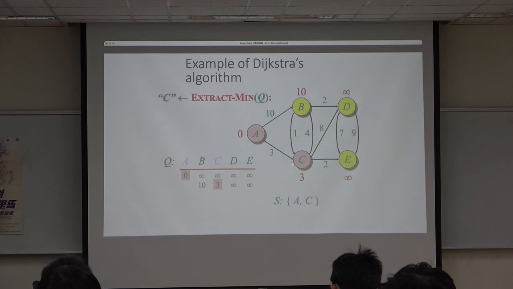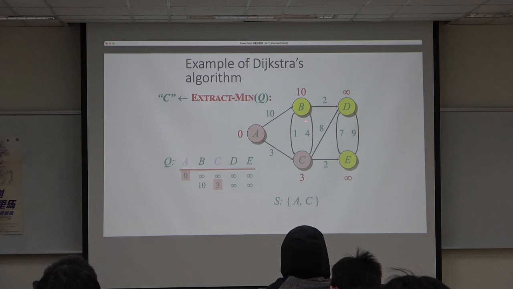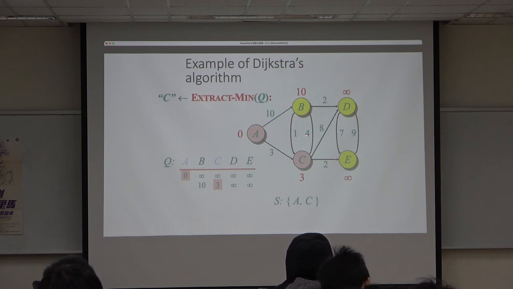Once you include C into the set S, C has neighbors B, D, and E. So it's going to update the key for B, which is 3 plus 4, and 3 plus 4 is lower than 10, so it's going to relax 10 to be 7.